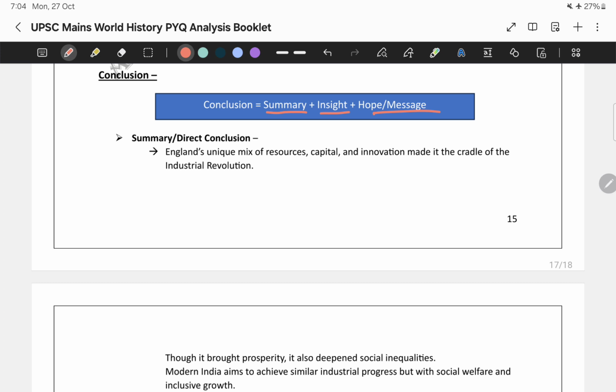Over here also, similarly, we can use the same methods that we have discussed previously, where we directly summarize the question itself. How can we do that? In a direct conclusion: England's unique mix of resources, capital and innovation made it the cradle of the Industrial Revolution.